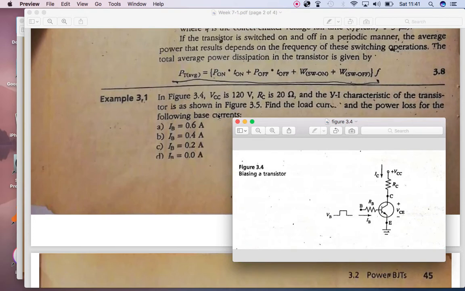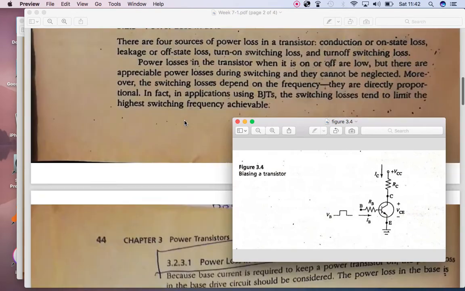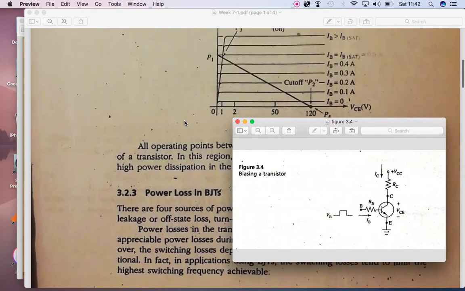It says that the biasing voltage is 120 volt, the collector resistance is 20 ohm, and the VI characteristics of this whole arrangement are shown in figure 3.5, which is this figure.